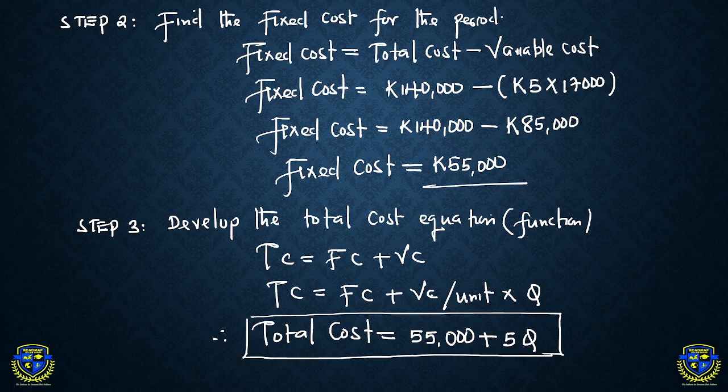So if it's 20,000, we had exceeded the 18,000. That means our fixed cost is going to change with an addition of a 5,000. So therefore, we shall say that our fixed cost has increased with the 5,000.